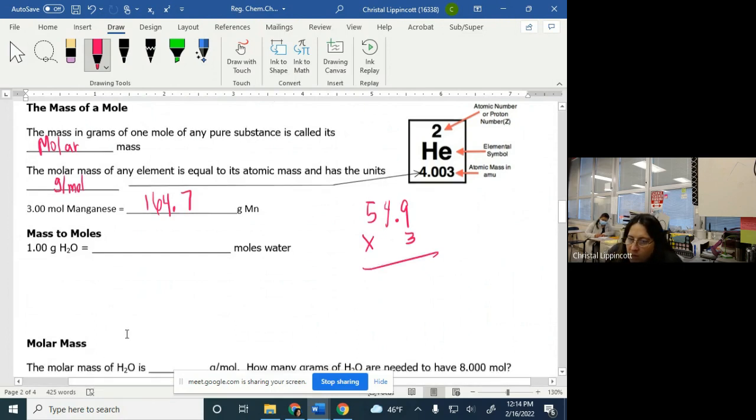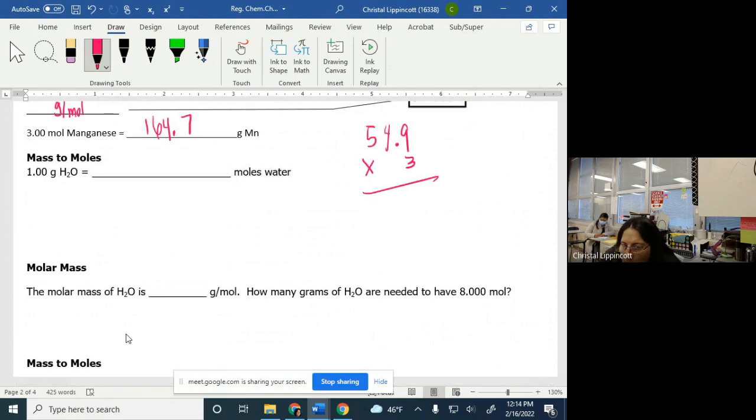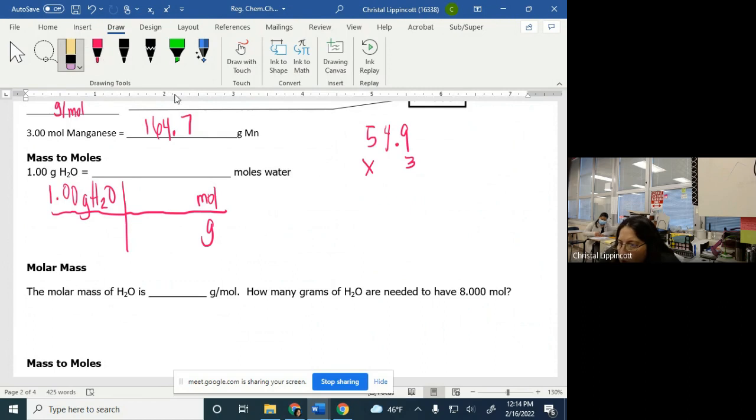So here, for water, if we want to figure out how many moles 1 gram of water is, we're going to be getting rid of grams, and we're going to be going to moles. So I need to figure out my molar mass of water.